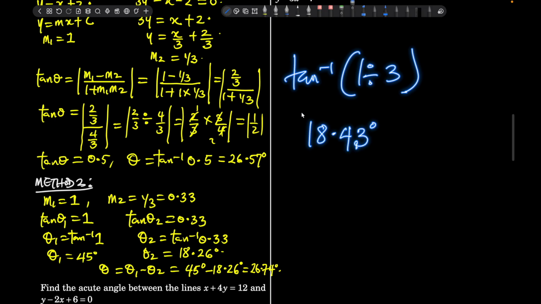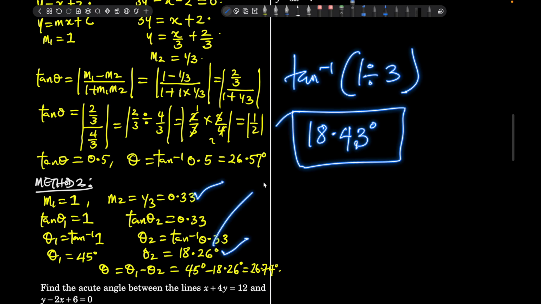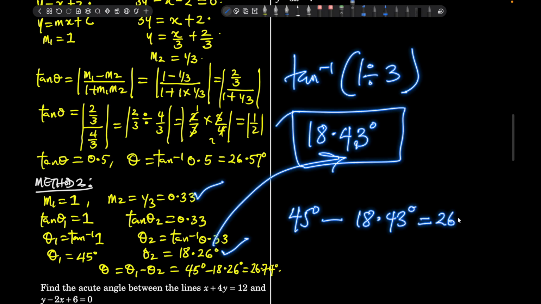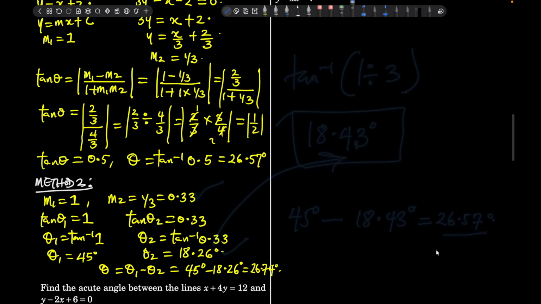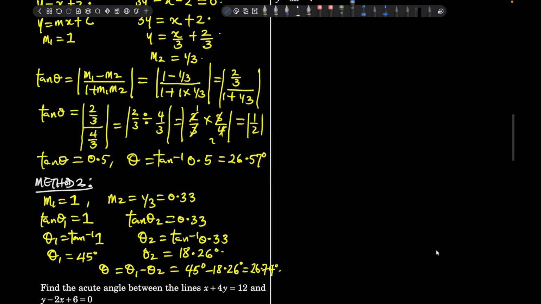But because we shortened this to 0.33, that's why we got the other value instead. If you take 45 degrees minus 18.43, you're going to see that your answer is 26.57 degrees.